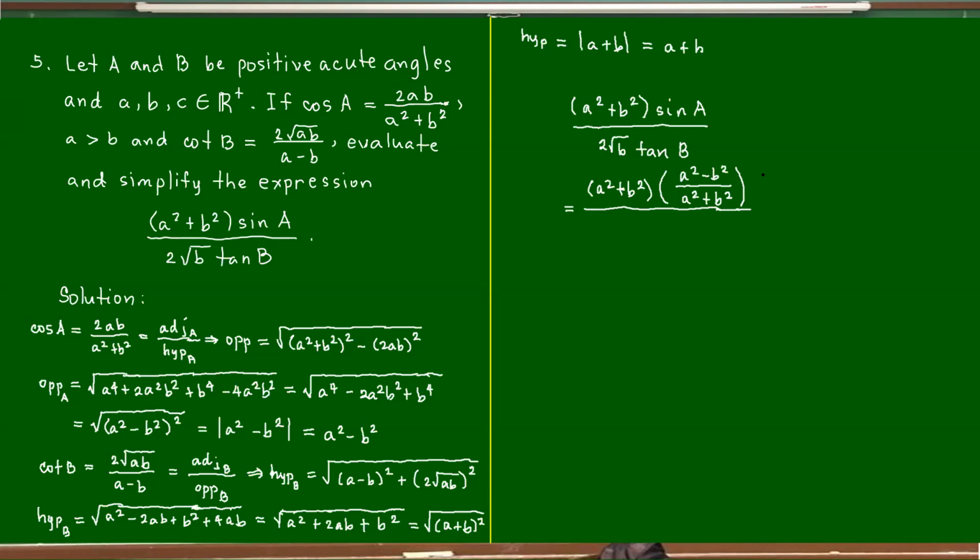What is sine A? How do we define sine A, guys? Opposite over? You can draw the triangle so that you will not be confused.